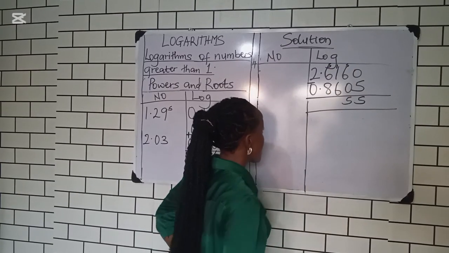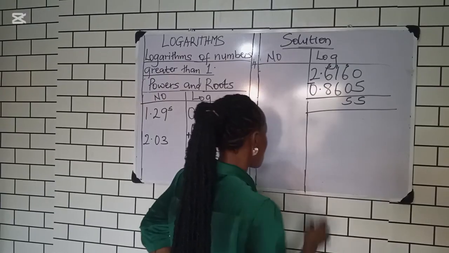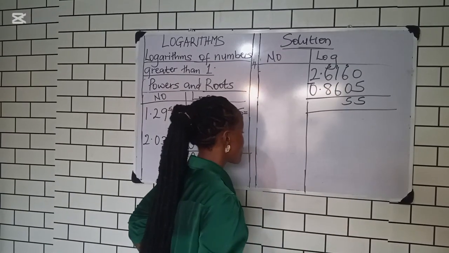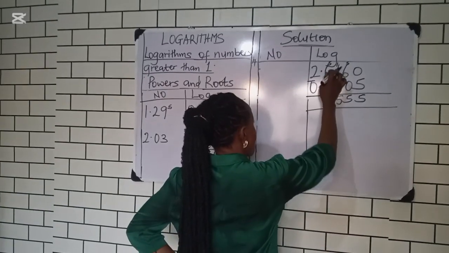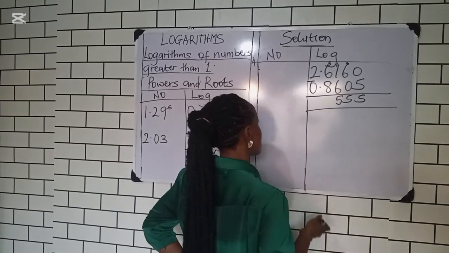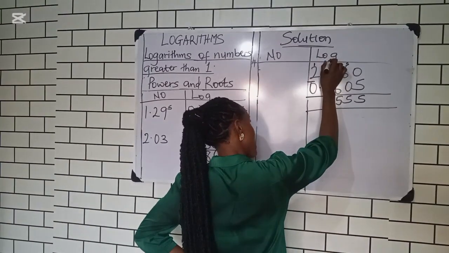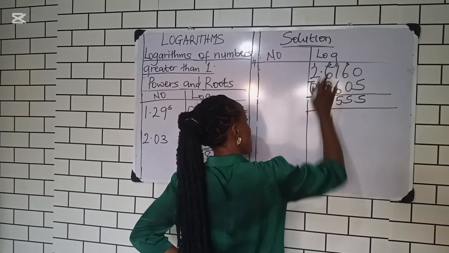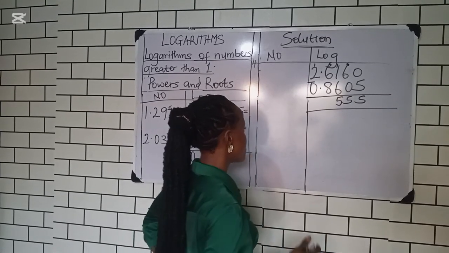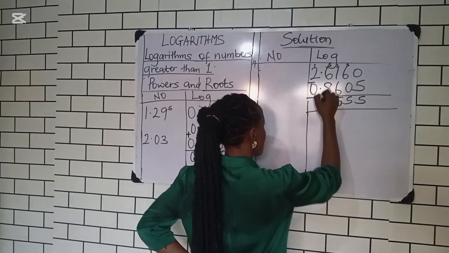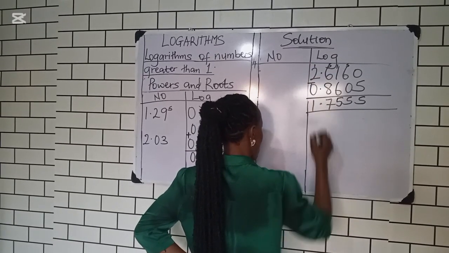We have 11. 11 minus 6 will give us 5. Write 5. 5 minus 8, it can't go because 5 is smaller. You carry 1 from here, call it 10. We have 1 left. Add the 10 to 5. We have 15. 15 minus 8 will give us 7. You write 7. Bring down the decimal point. Bring down the 1 here. 1 minus 0 will give us 1.